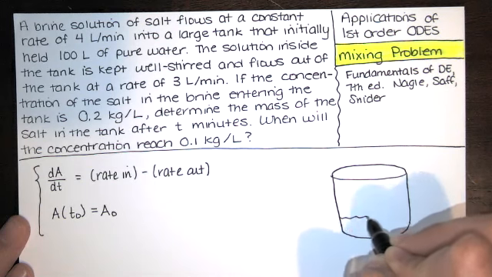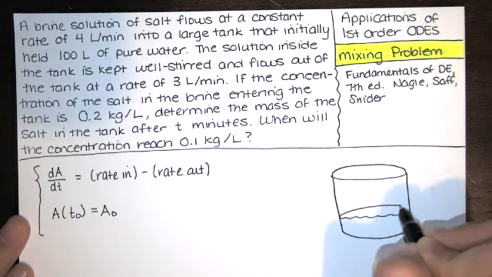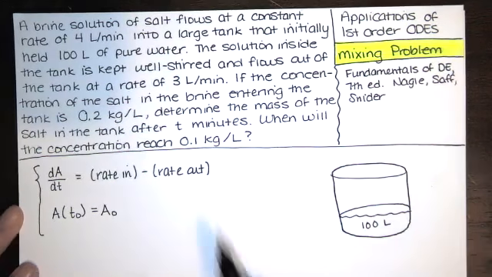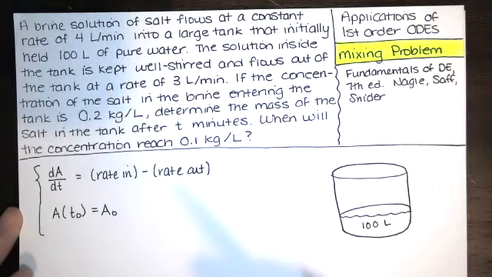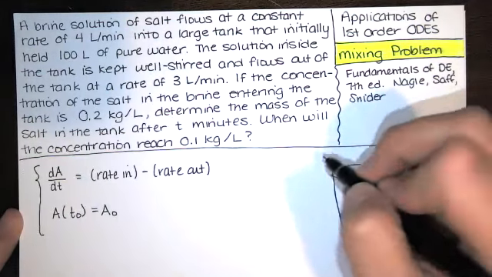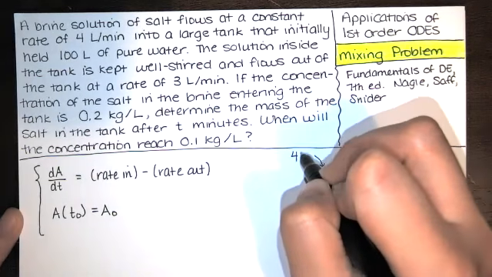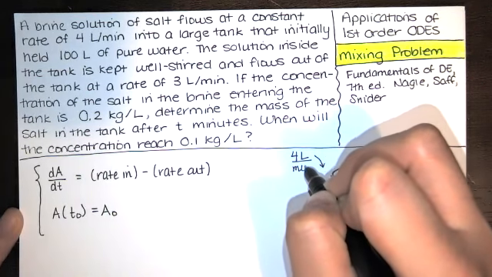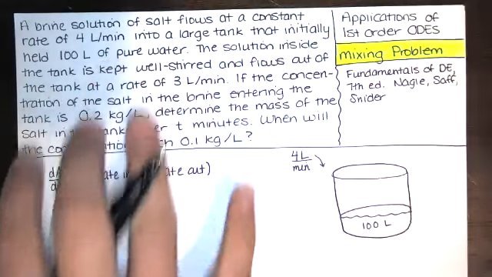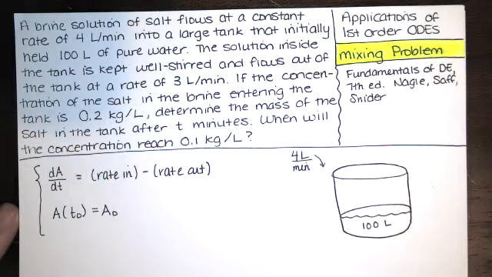And initially, it holds 100 liters of water. And they said that a brine solution, that's a saltwater solution, flows at a constant rate of 4 liters per minute into the tank. So we've got 4 liters per minute going in. And it initially held 100 liters of pure water.